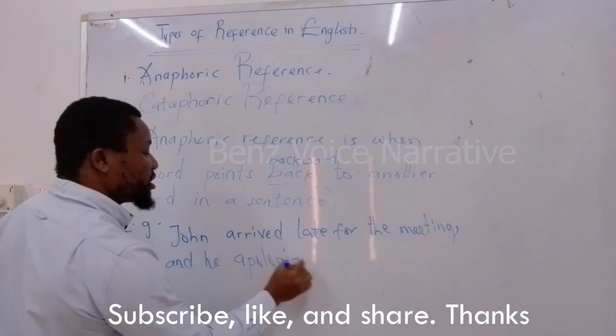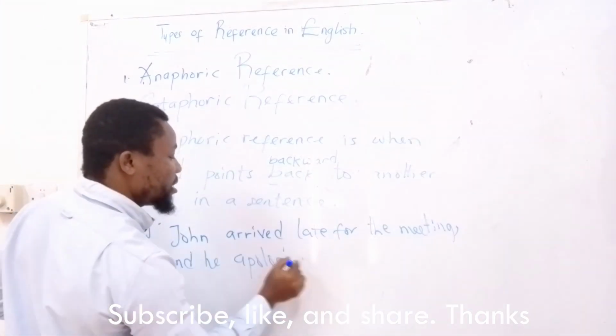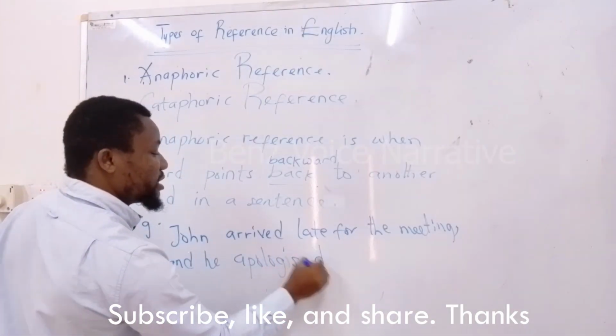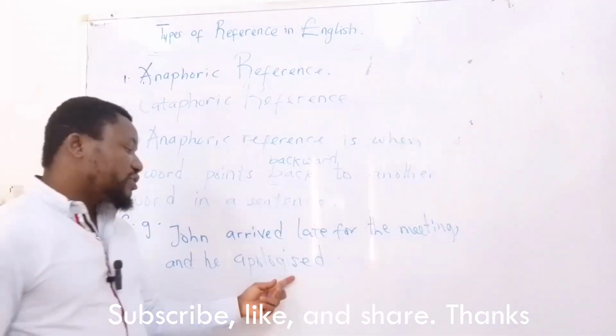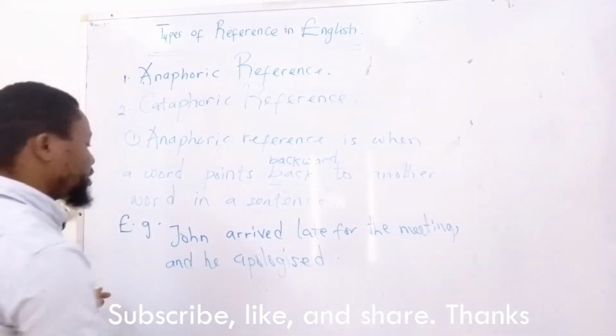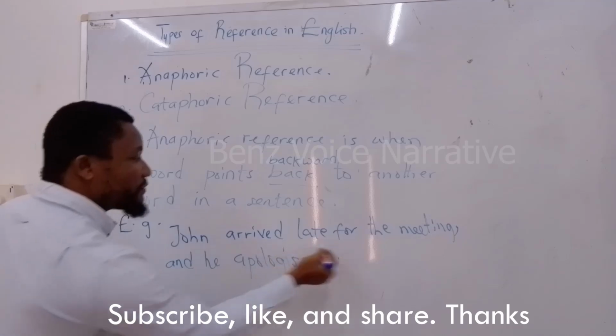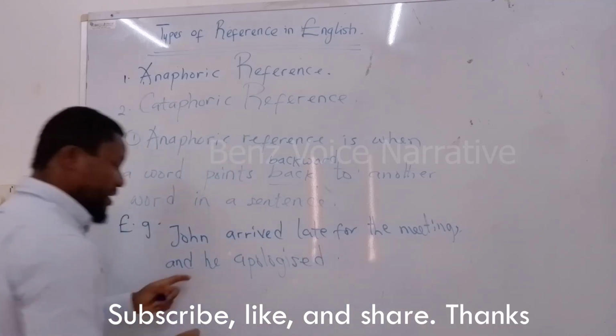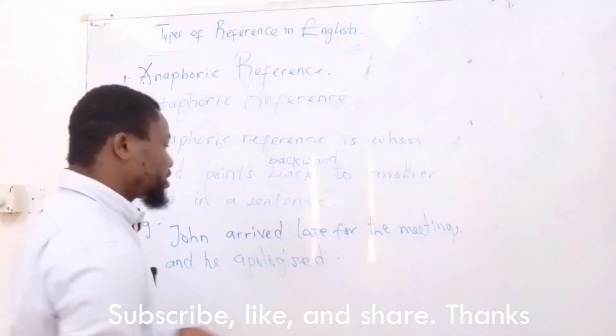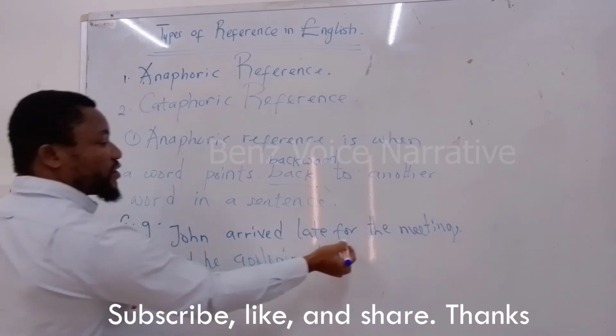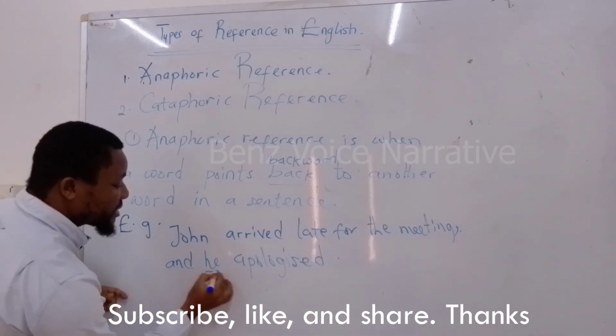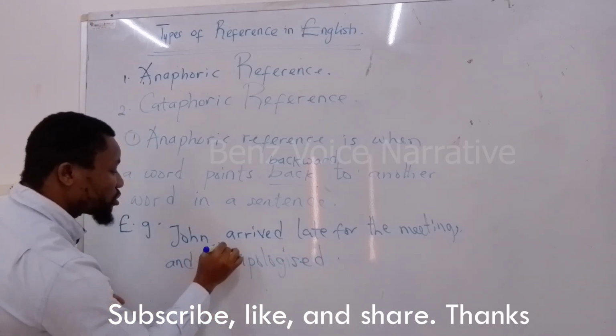Now, apologize can be Z-E-D and it can be S-E-D, but I'm sticking with the S-E-D because it's the British English spelling. John arrived late for the meeting, and he apologized. This could have been: John arrived late for the meeting and John apologized.